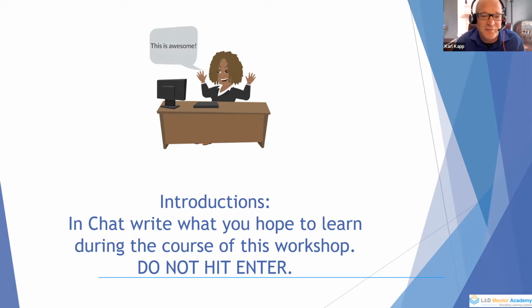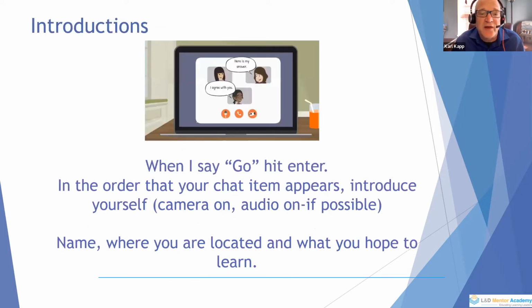But still, it was very, very popular. Okay, so here's what I'd like you to do now. When I say go, just hit enter. So go ahead, go. Go ahead and enter in your information. And now we'll scroll back up, and if everyone could briefly introduce yourselves in the order of the scroll, I'm going to stop sharing for a minute.